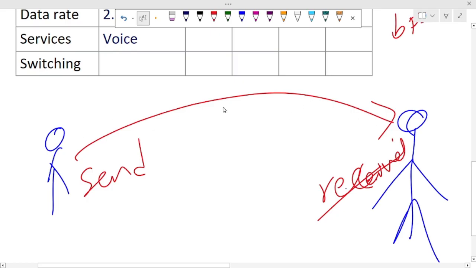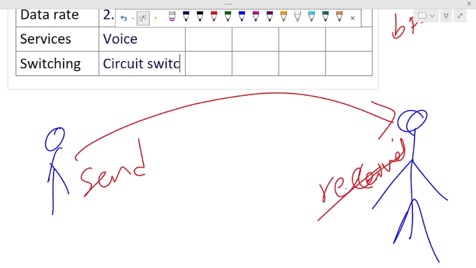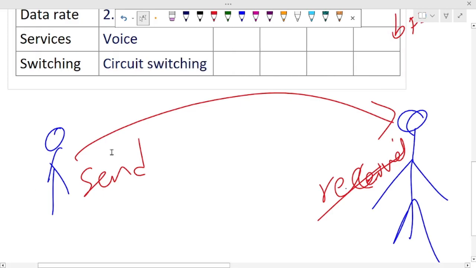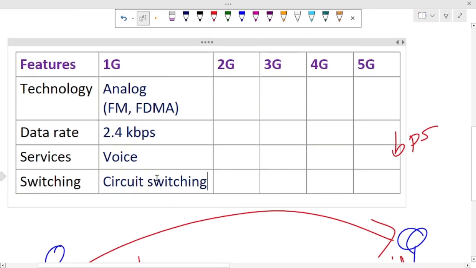That channel belongs to you and you alone until you are done. So you have a dedicated channel to a particular user. That system of switching is known as circuit switching. Very straightforward. One user having a dedicated channel. That's circuit switching. Okay? So that's for the first generation.